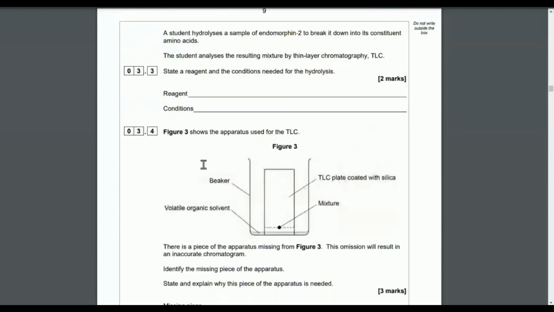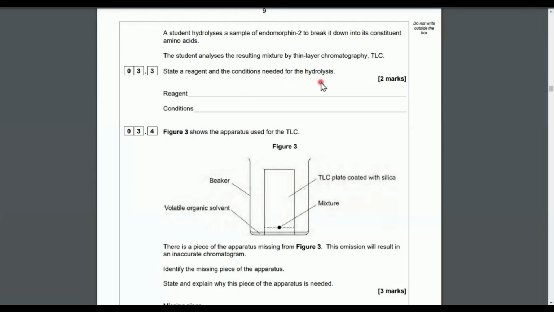Okay, here we go. A student hydrolyzes a sample of endomorphin 2 to break it down into its constituent amino acids. The student analyzes the resulting mixture by thin layer chromatography, that's TLC. State a reagent and the conditions needed for the hydrolysis. So there's a number of ways you can break up a protein.